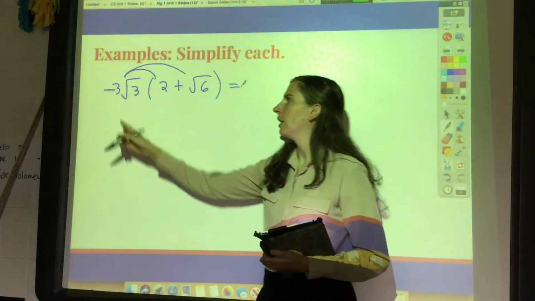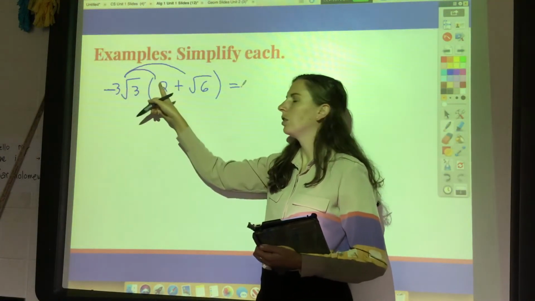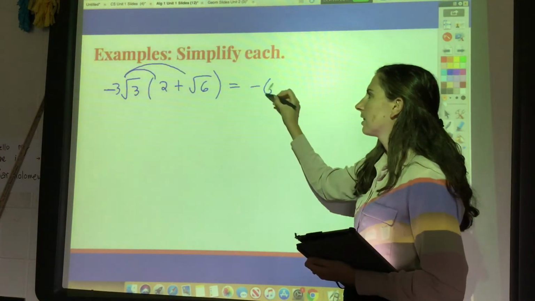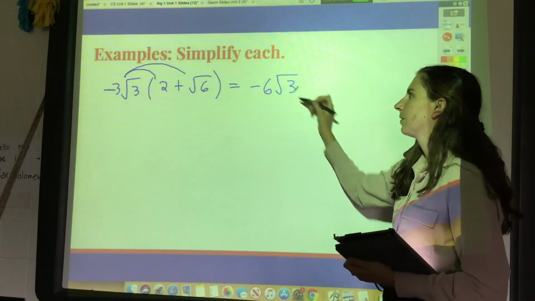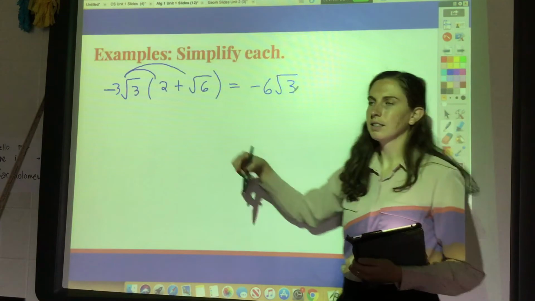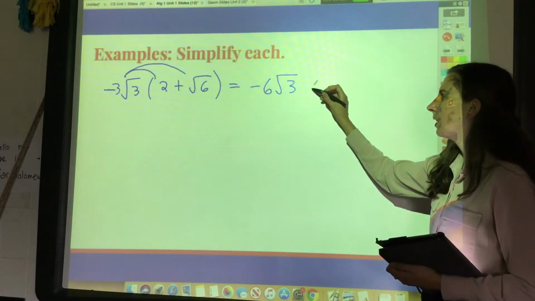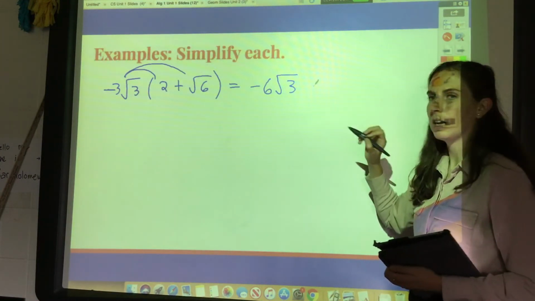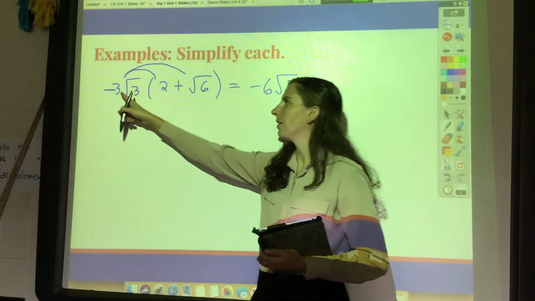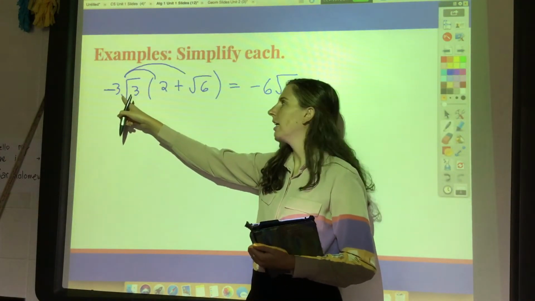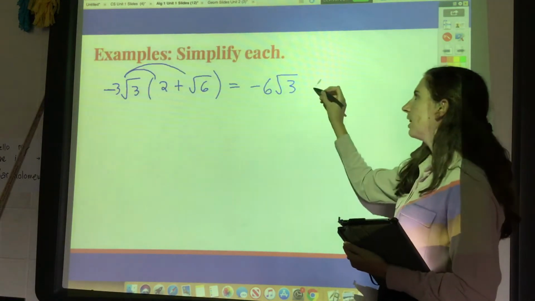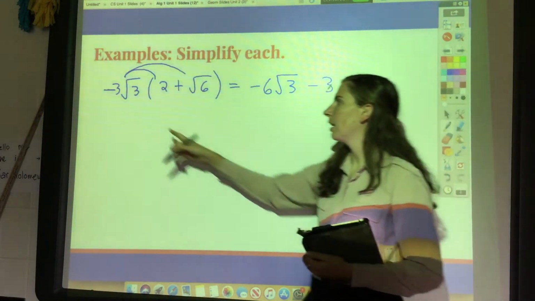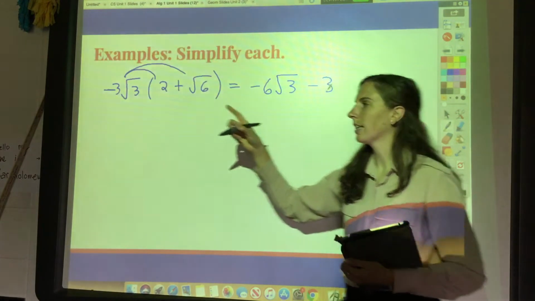So negative 3 times 2 is negative 6, and there was also a square root of 3 hanging on there. I'm going to not put the plus yet because this is negative. So negative 3 root of 3 times the square root of 6. The negative 3 is nothing to multiply with, but square root of 3 times square root of 6 is square root of 18.